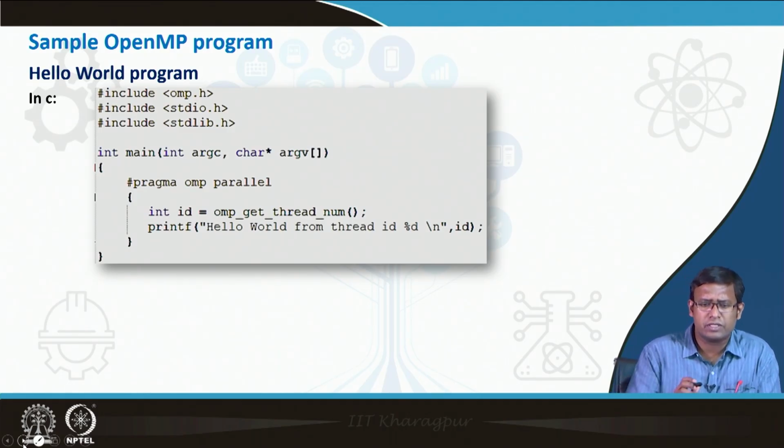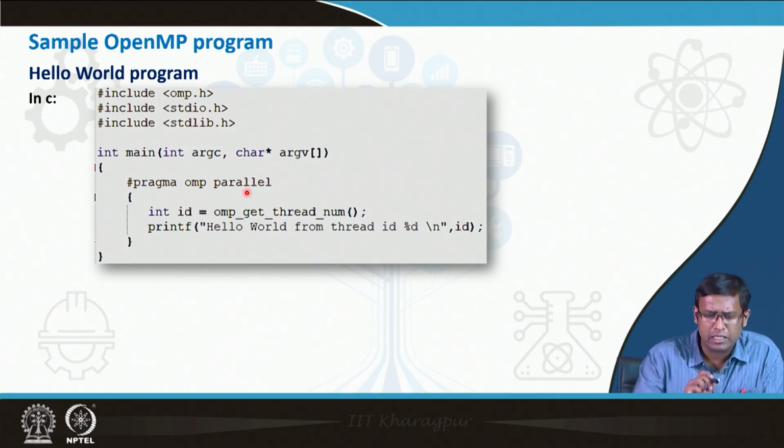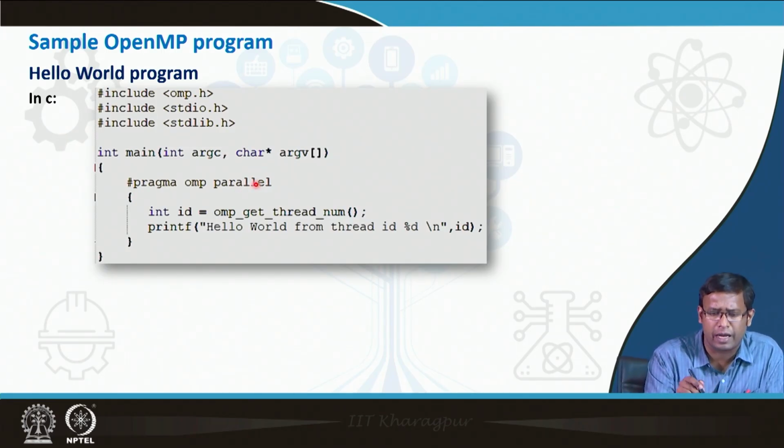Then stdio.h and stdlib.h, which are standard header files, int main with argc and argv, and then we write the pragma omp parallel. This is an OpenMP directive. It shows that the next region must be an OpenMP parallel region and run in multiple threads. There will be multiple threads launched here.